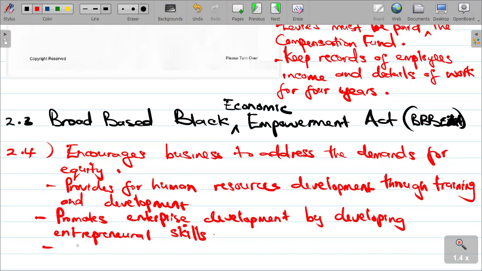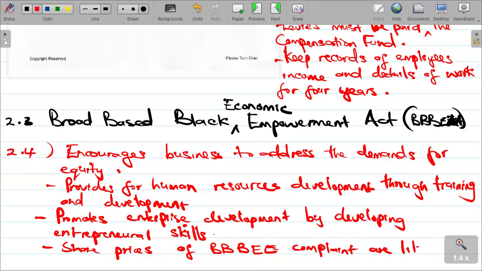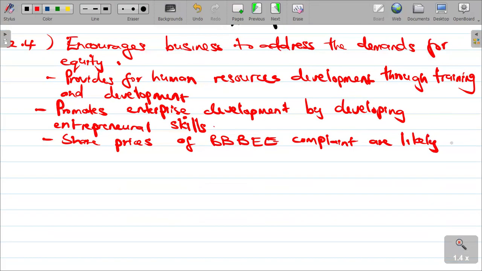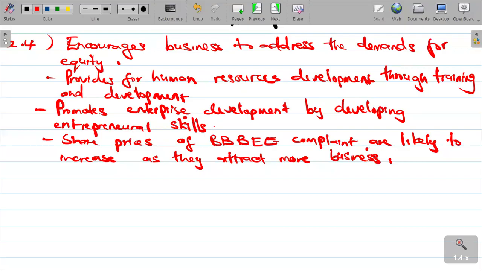You can find that the share prices of the broad-based Black economic empowerment compliant businesses are likely to increase as they attract more business. The shares can increase, right?